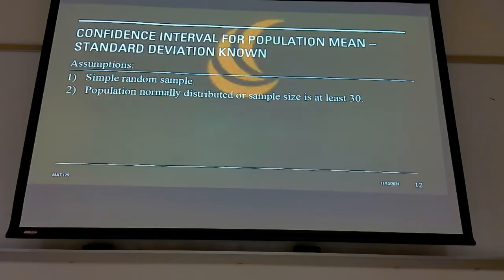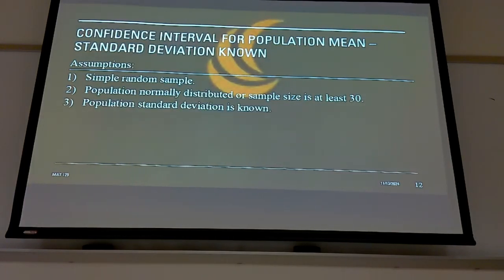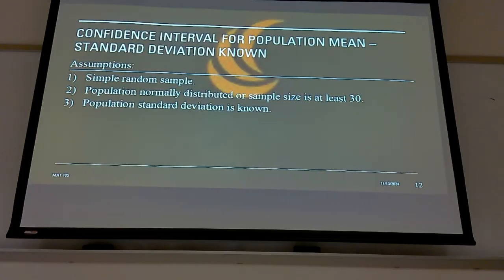So it never hurts to have a larger sample size in terms of inferring something. It just means more data, which is more time and money. The population standard deviation is known, which again, not very realistic. Those are the three assumptions.